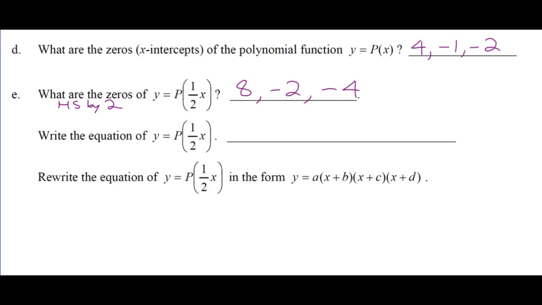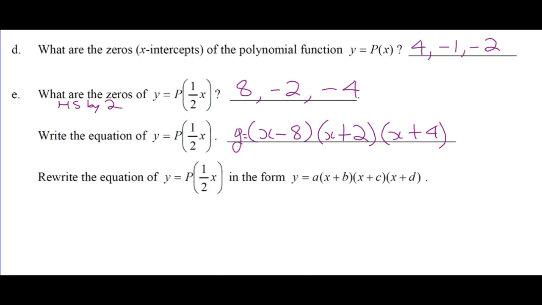Write the equation of y equals p of 1/2 x. So now I know, well, here are my zeros, right? So what are the zeros? We've got x minus 8, x plus 2, x plus 4. Okay, and then we should say, I suppose, y equals. But wait a sec, we have a 1/2 x, right?